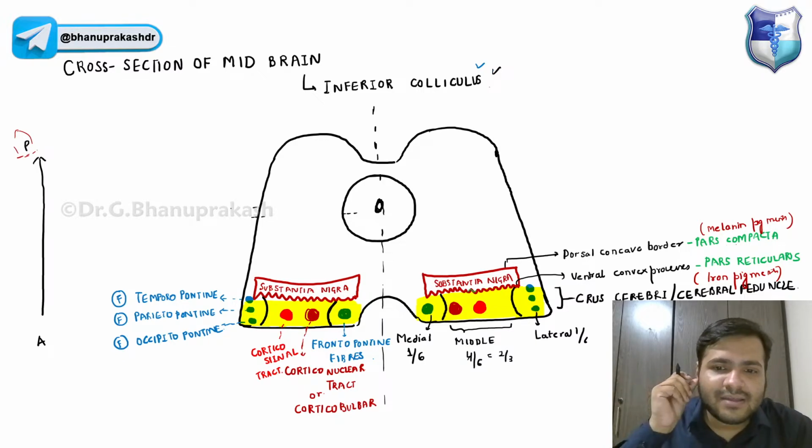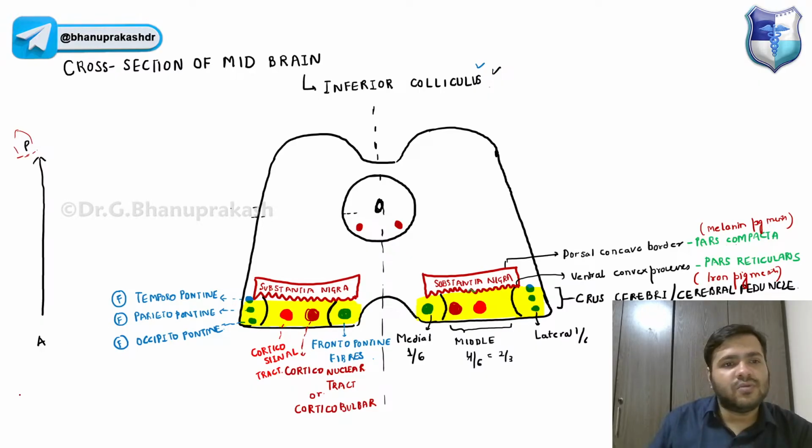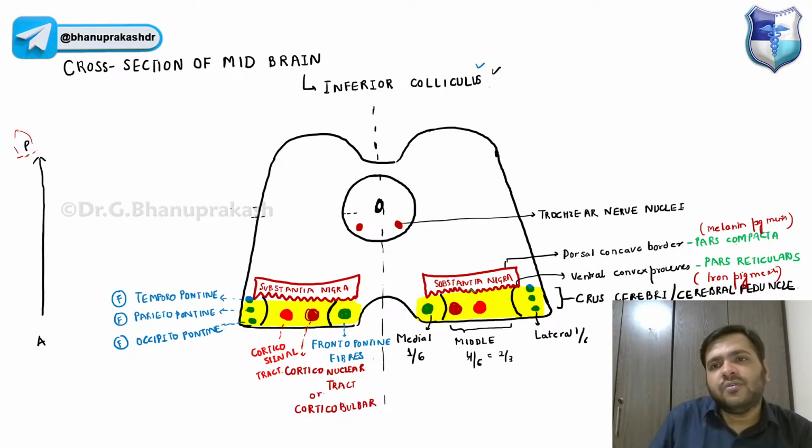So obviously, guys, we will have this. If I just want to draw this, we have this trochlear nerve nucleus. Please mention it, guys. This is nothing but the trochlear nerve nuclei.